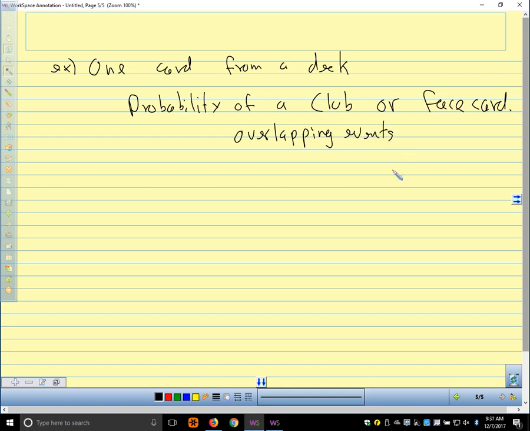So we need to calculate 3 probabilities. So let's calculate the probability that we draw a club. What's the probability of a club? 1/4, and I'm going to write it as 13 over 52 because when we add these together, we're going to want a common denominator. What's the probability of a face card? Well, how many face cards in each suit?